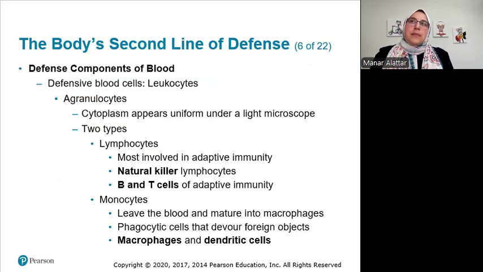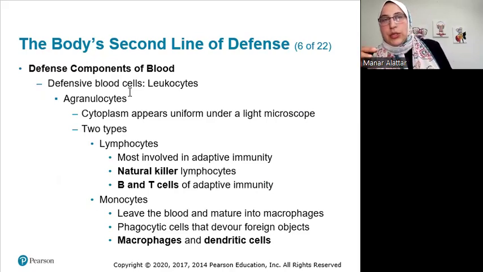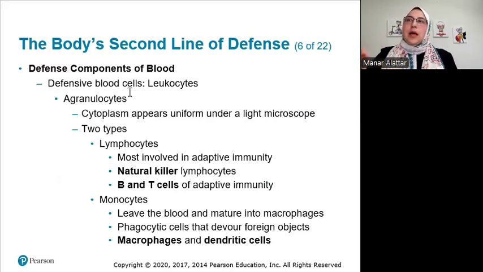Okay, then our agranulocytes are the cells that tend to lack an abundance of those different enzymes and chemicals, although many of them still have some of those enzymes and some of those chemicals that allow them to fight off pathogens directly, but that's not their predominant task. Okay. And monocytes, they are still phagocytic, even though they are agranulocytes.